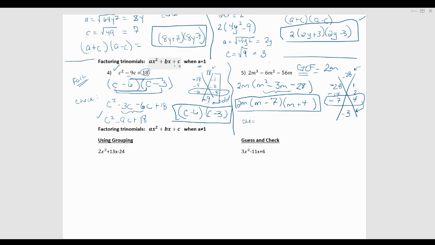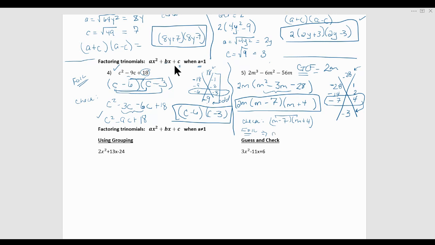Let's go ahead and check that quickly. So if I do m minus 7 times m plus 4, I'm going to go ahead and multiply that out by distributing, which is simply using FOIL. I'm using my FOIL acronym.